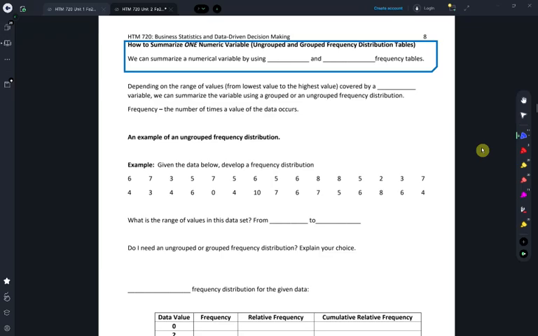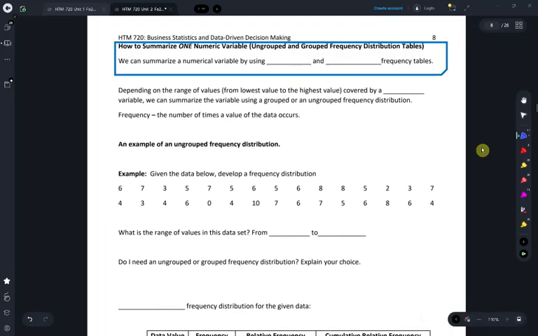Then we also considered the case of two categorical variables, and we looked at how to summarize the data values using a contingency table and how to picture the insights relating to the association or absence thereof between two categorical variables.